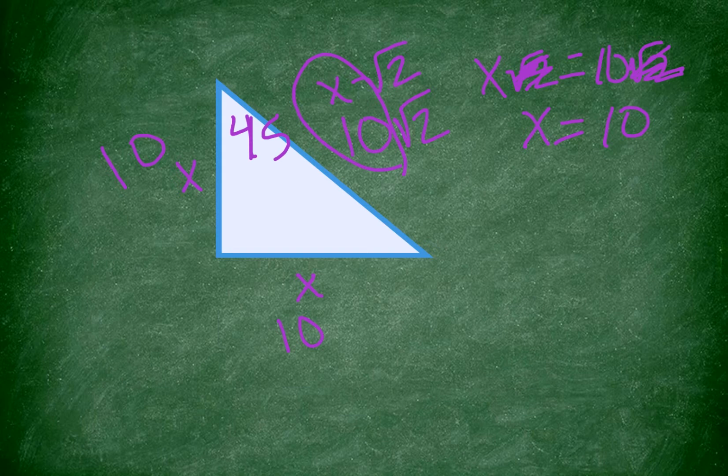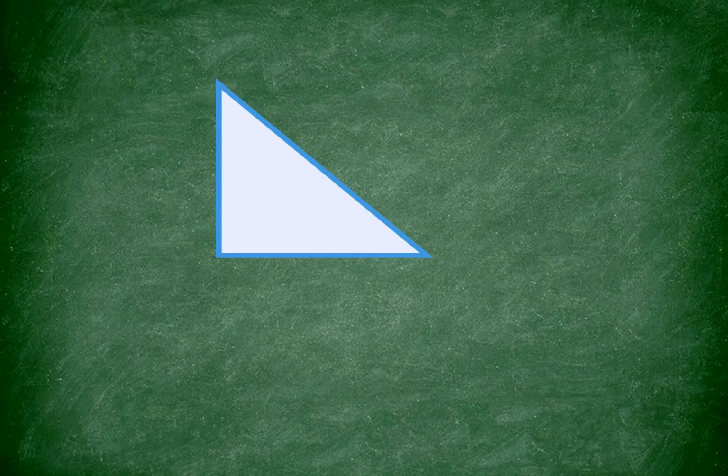Now, what if I give you a different number? What if I clear this again and give you the square root of 12 over here? Oops, it would help if I wasn't on eraser. So here I've got square root of 12, and this again is 45, 45, 90.